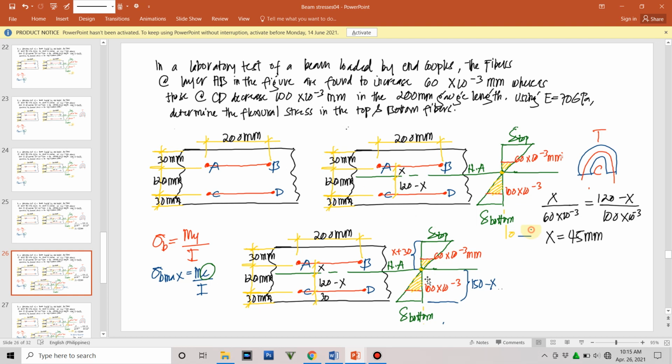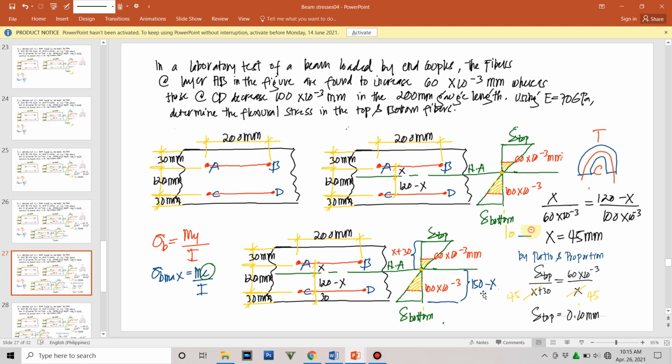While in the bottom overall length, that is 150, ito 150 hanggang A. So if we are concerned with the neutral axis, we'll just deduct here x. So that is 150 minus x.